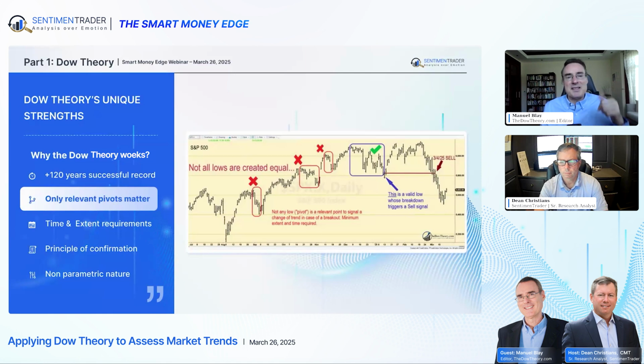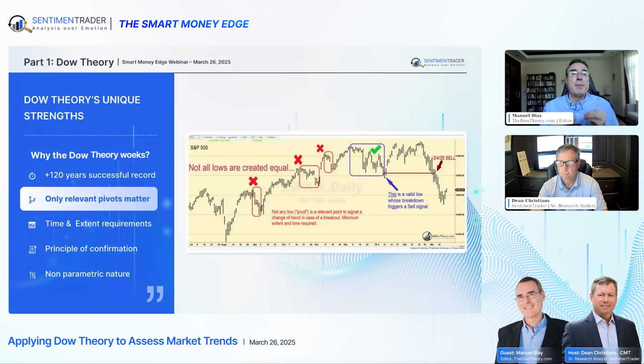Furthermore, once you get the time and extent requirements, there is another principle, the principle of confirmation. What do you mean by that? Let's imagine that the S&P has dropped 20 days, it has dropped, I don't know, 20%, whatever. So it really qualifies in itself as a secondary reaction, but neither the Dow Transportation nor the Dow Industrials have dropped by at least 3%.